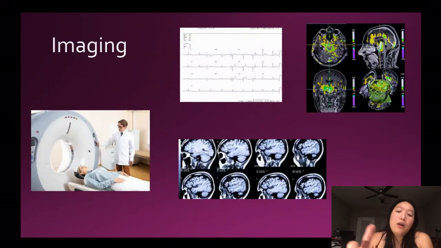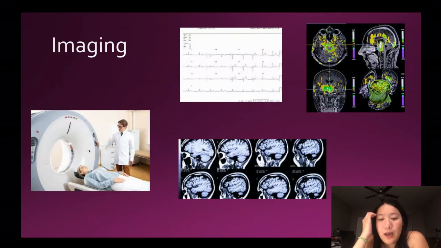The one on the bottom with the brain is the MRI, the blue colored, the multi. There's like 8 different images of the head. That's the MRI.